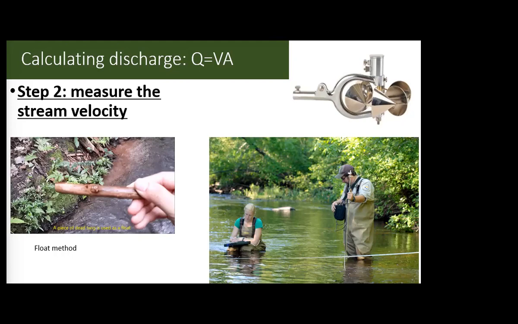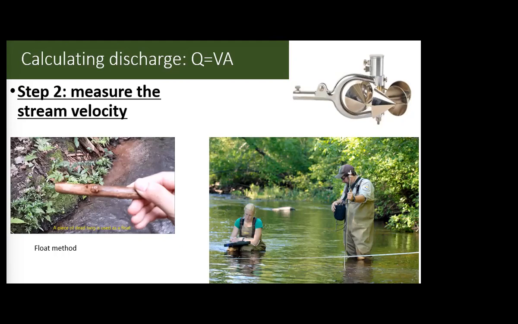But a better way to do this is using this flow meter. This is just a series of cones on a spinning axis on a stick that you're going to stick into the water. And what you're going to do is measure out these different distances along the channel.